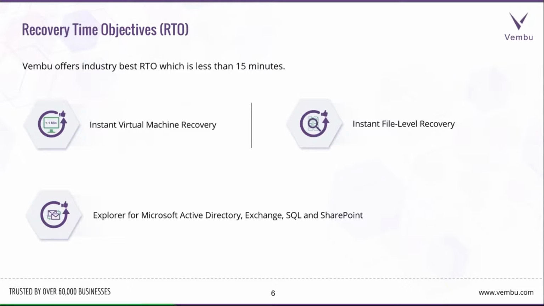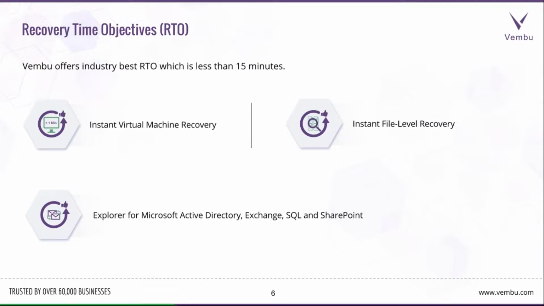To get deep into backup and disaster recovery, we need an understanding of what RTO and RPO are. Recovery time objective, RTO, is the time taken to recover a physical or virtual machine after a disaster, where Vembu offers the industry's best RTO, which is less than 15 minutes.